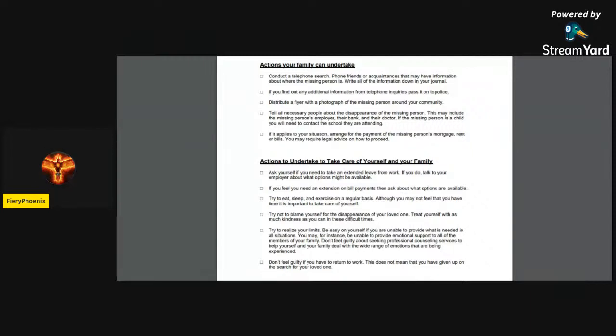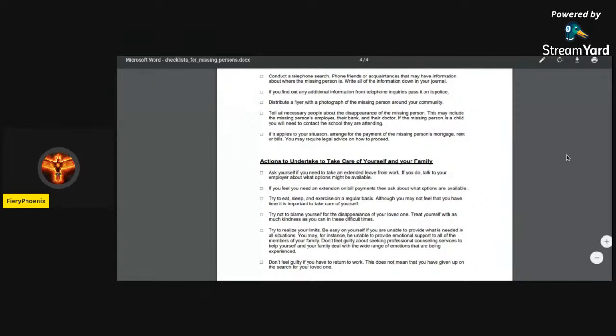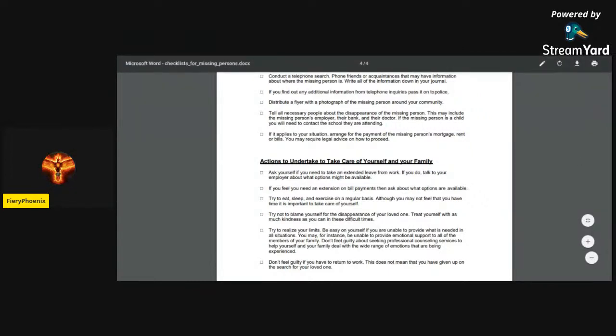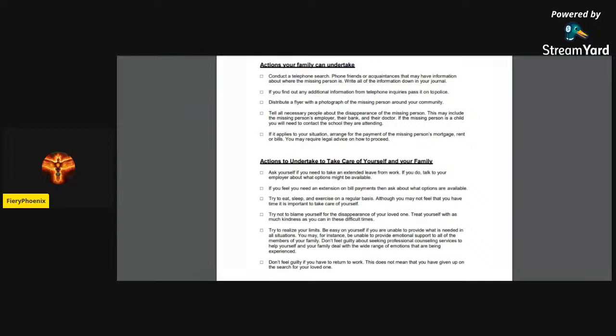If you need an extension on bill payment, ask what options are available there. Try to eat, sleep, and exercise. Just take care of yourself.